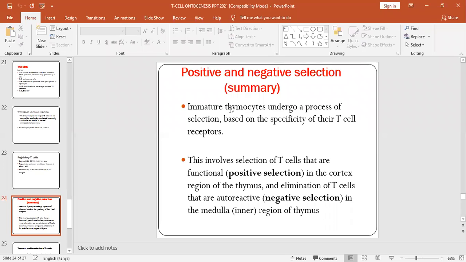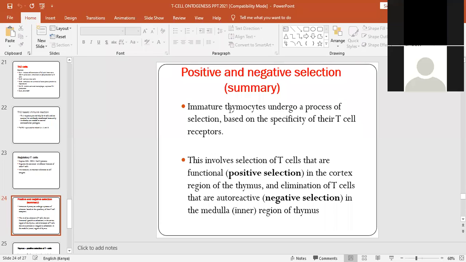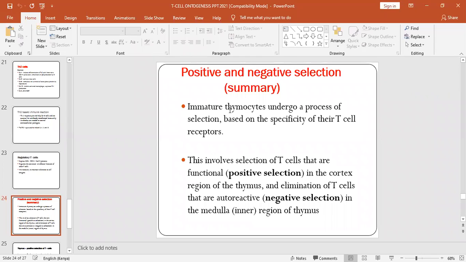While those cells that have left the double positive stage and reached the medulla have differentiated into individual CD4 positive or CD8 positive cells, they must face the test of whether they are reacting with the self-antigens within the medulla region, or sometimes by interacting with the other innate immune cells present in the medulla, like the dendritic cells, macrophages, and any other antigen-presenting cells.